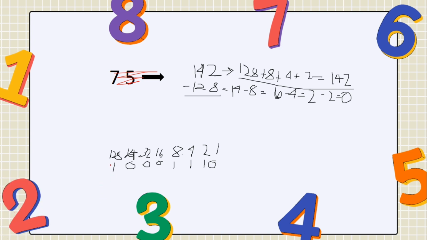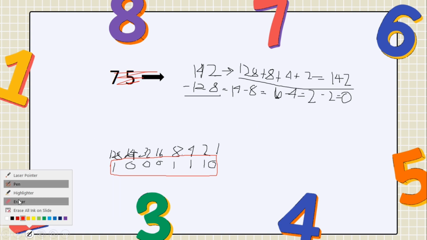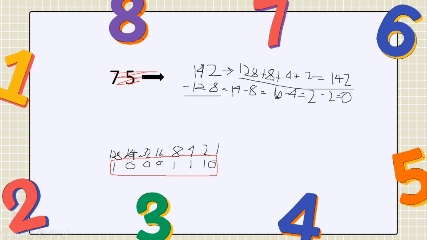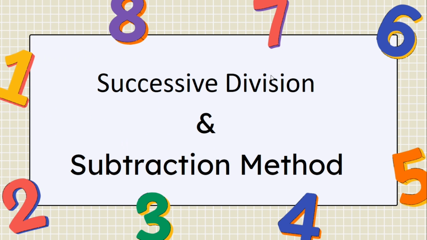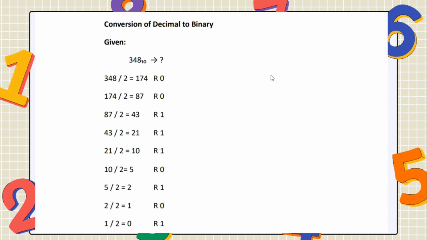So, this is how you do it sa subtraction method. But only lang siya ma-work sa decimal to binary. But sa other number system, hindi na siya ma-work. So, pwede po magamit ang successive division method to the conversion of decimal and binary.